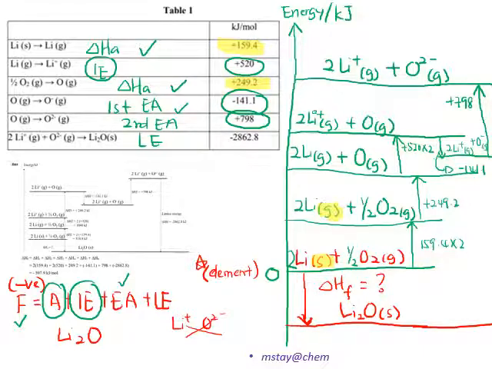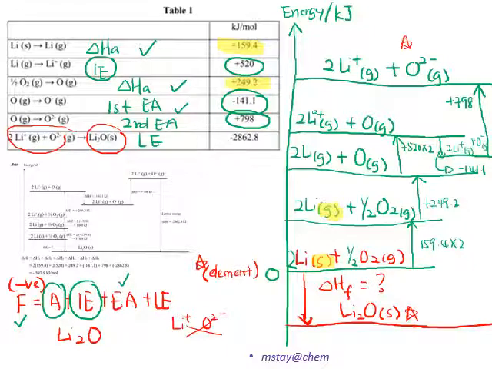Okay, then the next one is lattice energy. So we want to mention the lattice energy. Maybe I use another color. Lattice energy is gaseous ion to the solid ionic compound. So the gaseous ions are over here, and the ionic compound is at the bottom here.